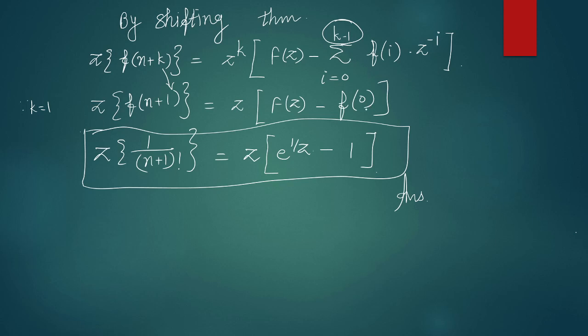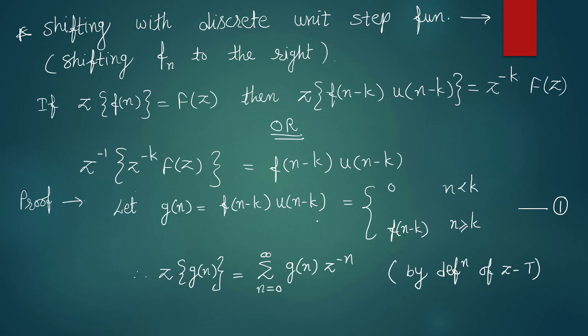And we know that f of 0, that means f of n equal to 1 upon n factorial, its value is 1. Therefore we get this result. In this way we solve the problems by using the shifting theorem.